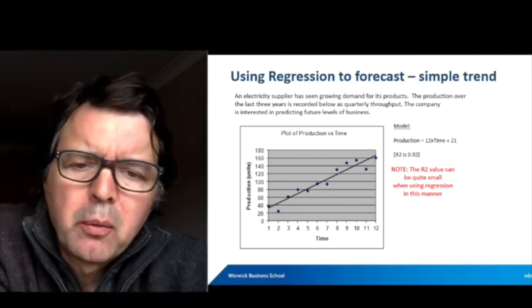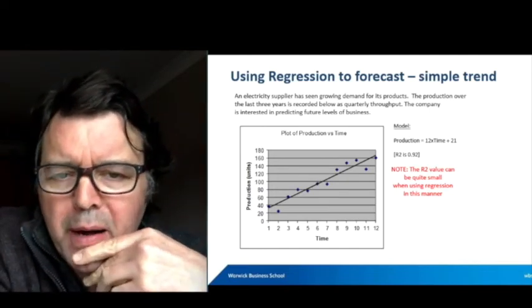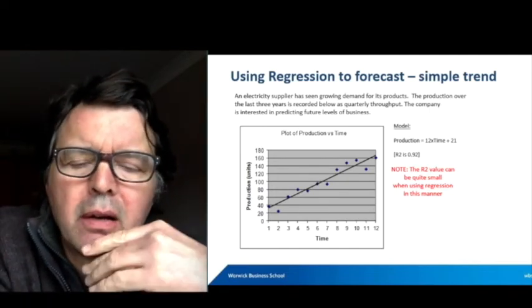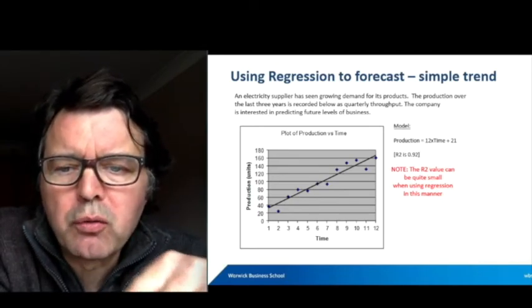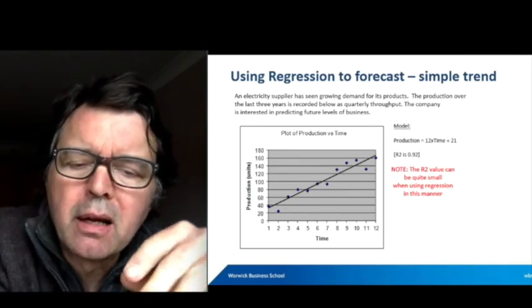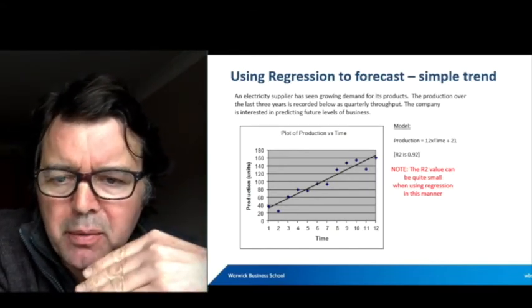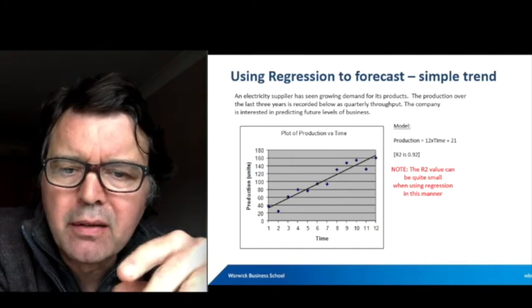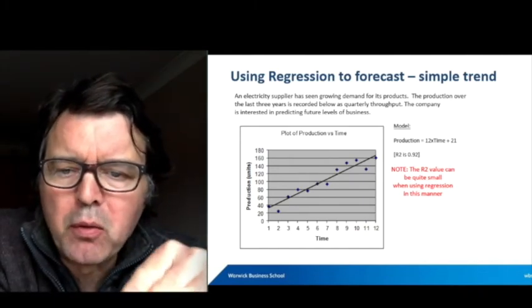But we need to be very, very careful, because if you remember when I spoke about regression, I said that normally in regression we are looking for a causal relationship between the dependent variable and the independent variable. In this case, the dependent variable would be production and the independent variable would be time.